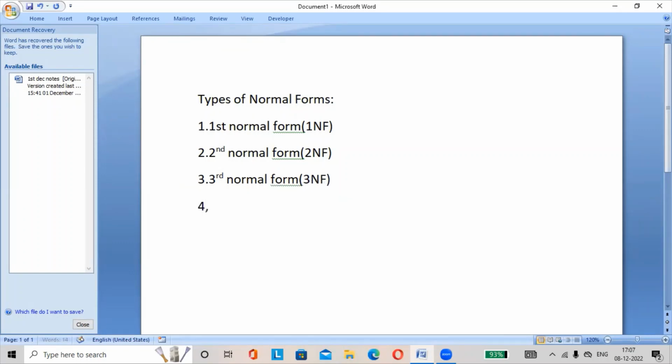Then the fourth one is Boyce-Codd normal form. Then the fifth one is fourth normal form, 4NF. Then fifth normal form.